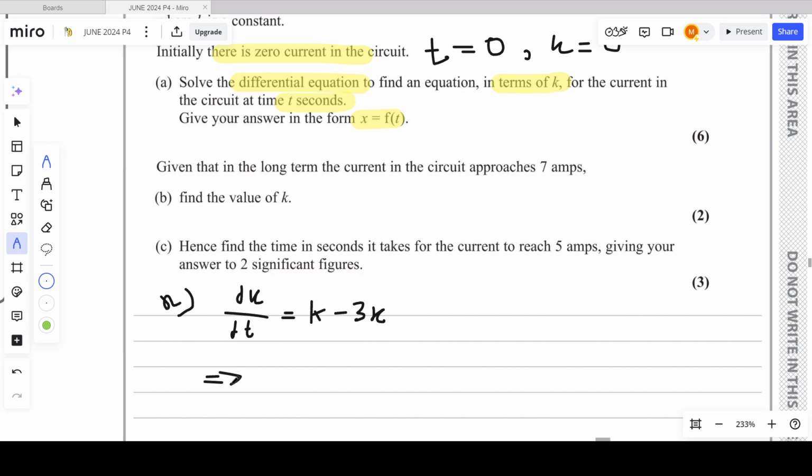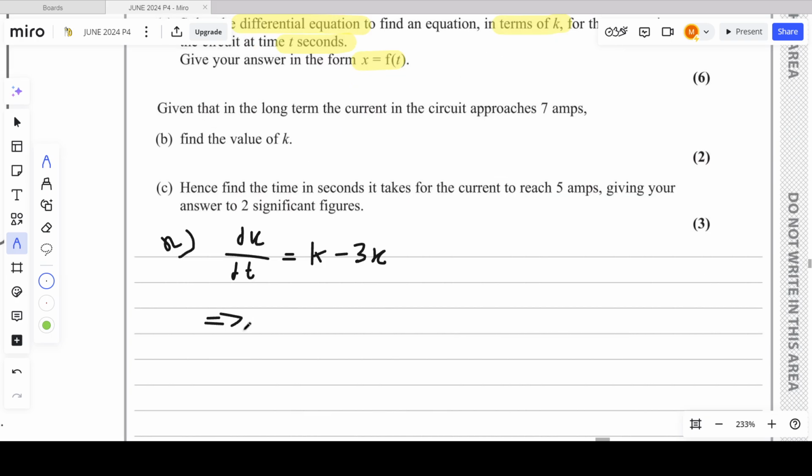The first thing we need to do with a differential equation is take all the terms with x on one side and all the terms with t on the other side. Here there are no terms with t, but there are constants. So we will take the terms that have x in them on the left side, and the terms with t on the right side.